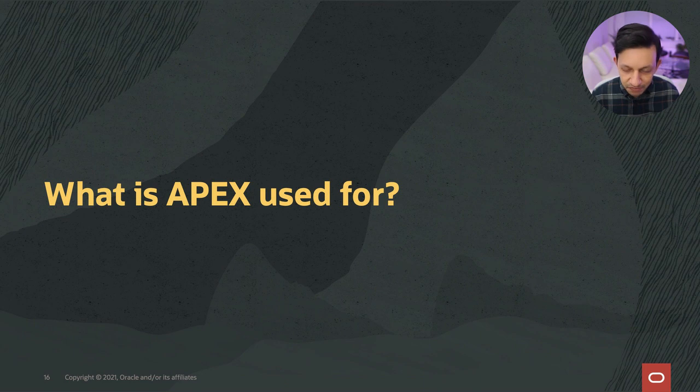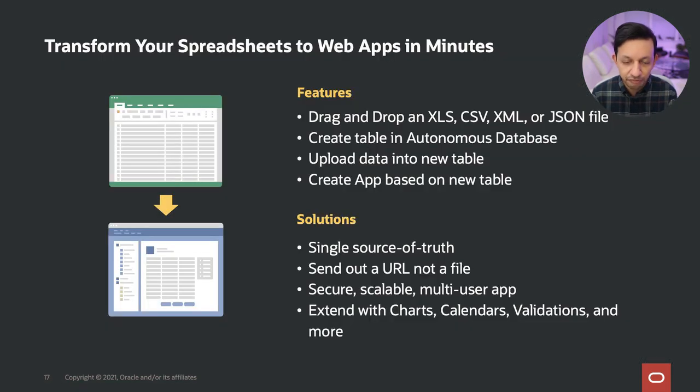So what is Apex used for? If you look at the industry, there are a few common use cases that are quite popular. The first one is simply taking spreadsheets and building them into web applications. And you can do this in minutes, right? Simply drag and drop an Excel spreadsheet, an XLS, even an XML or JSON format, and you can create an application in no time.